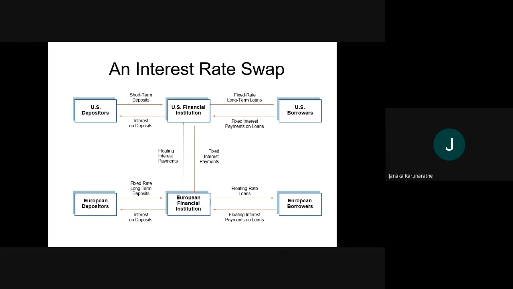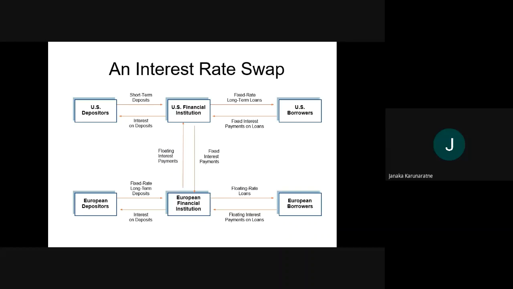For the European financial institution, I have more rate sensitive assets, but now I am not worried. I am getting fixed rate payments to pay my depositors instead of floating rate. So even if the floating rate declines, I am not worried because I am getting a fixed rate payment from the US financial institution.